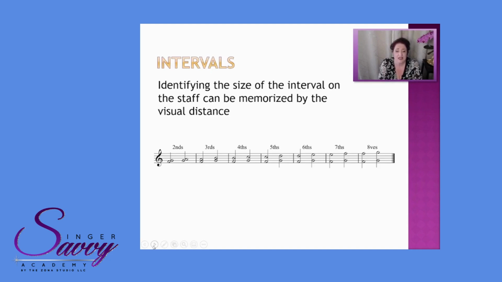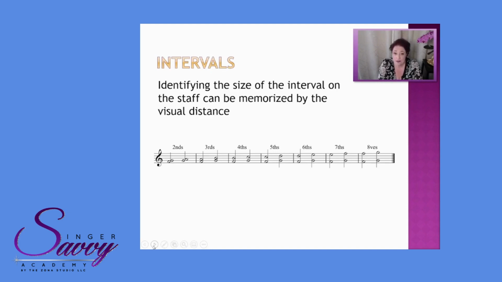Okay, you can see either one note is on a space, the next note is on the next line, or one note is on a line, the next note is on the next space. Okay, a third is always skipping a line or a space. So you can see a third goes from one space to the very next space, skipping the line in between, or one line to the very next line, skipping the space in between.